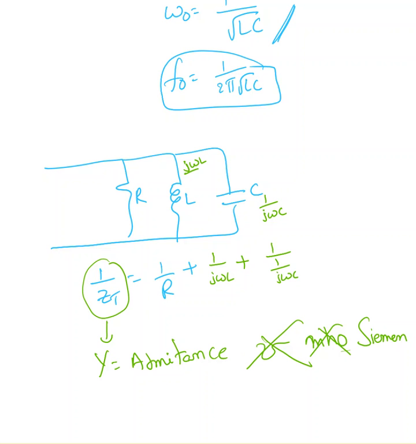Admittance is measured in Siemens. And 1 over R we indicate with G, called conductance, and 1 over X is called B, called susceptance. So Y equals G plus or minus j B.